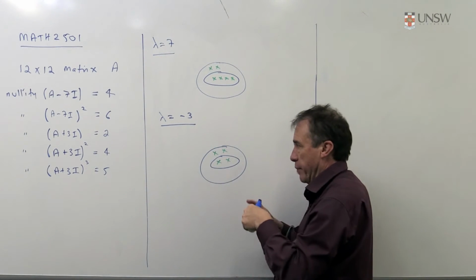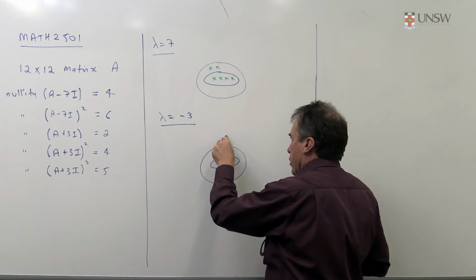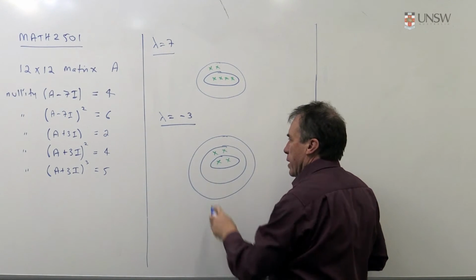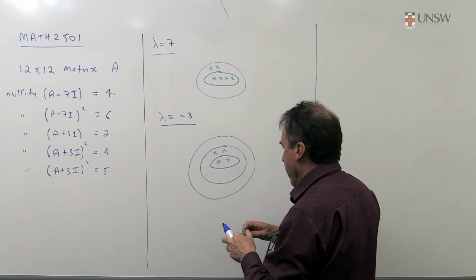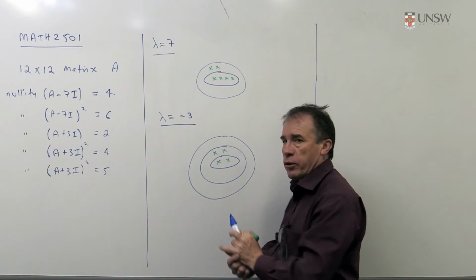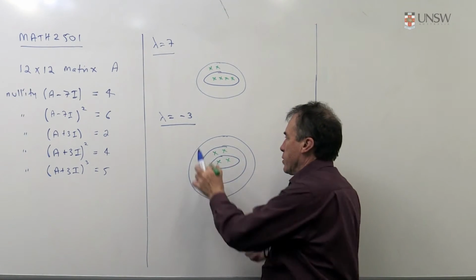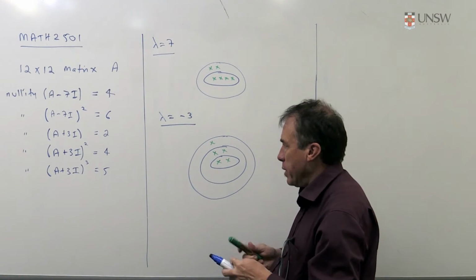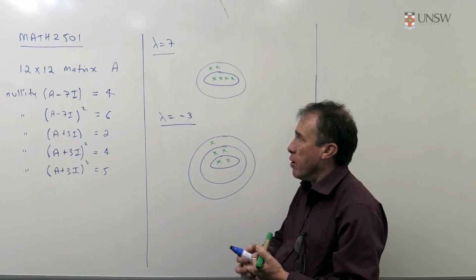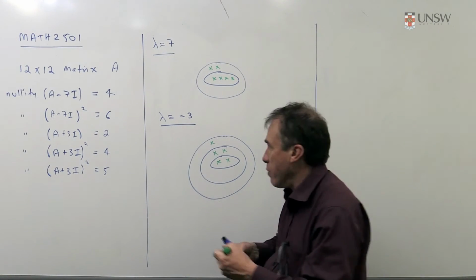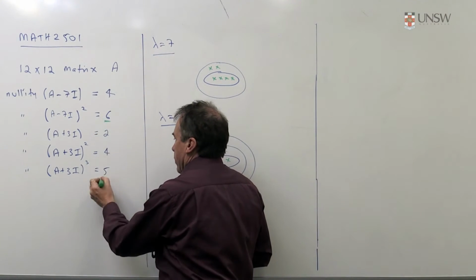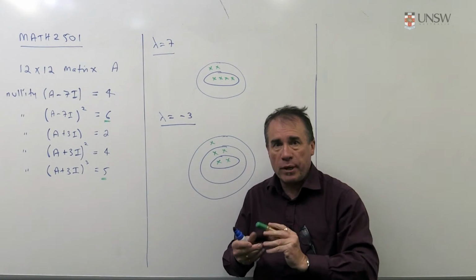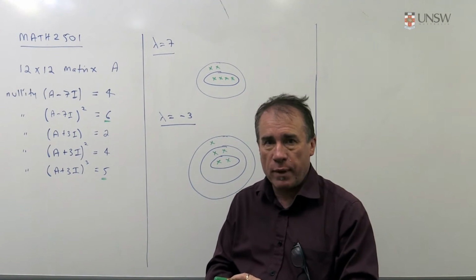I go out to the next kernel again, that's the kernel of A plus 3I cubed, and this time I have total dimension 5, so I've got 2 plus 2 is 4, I need 1 more. Now at the moment then, how many dimensions of generalised eigenspace do I have? Well, I've got 6 there and 5 there, so I've got 11 dimensions worth of generalised eigenspace.